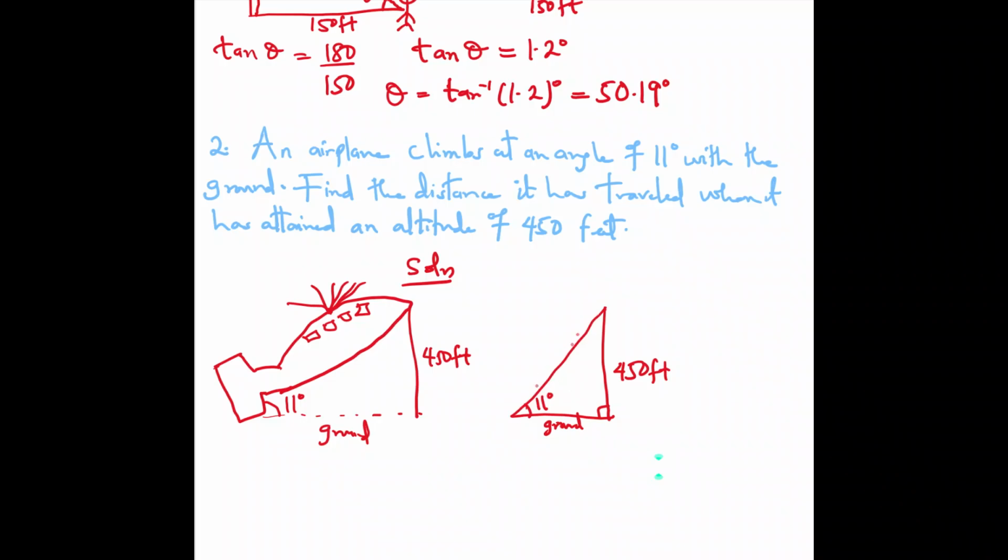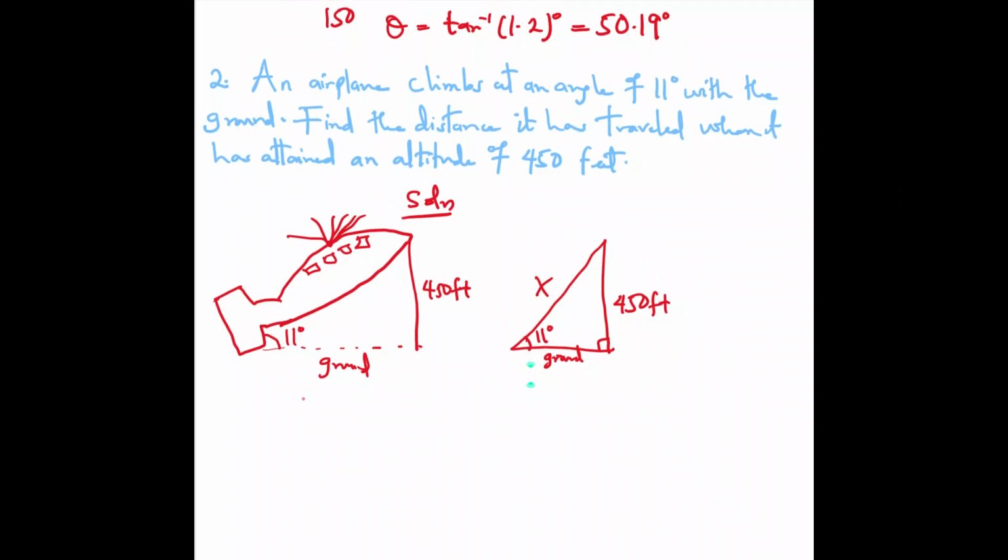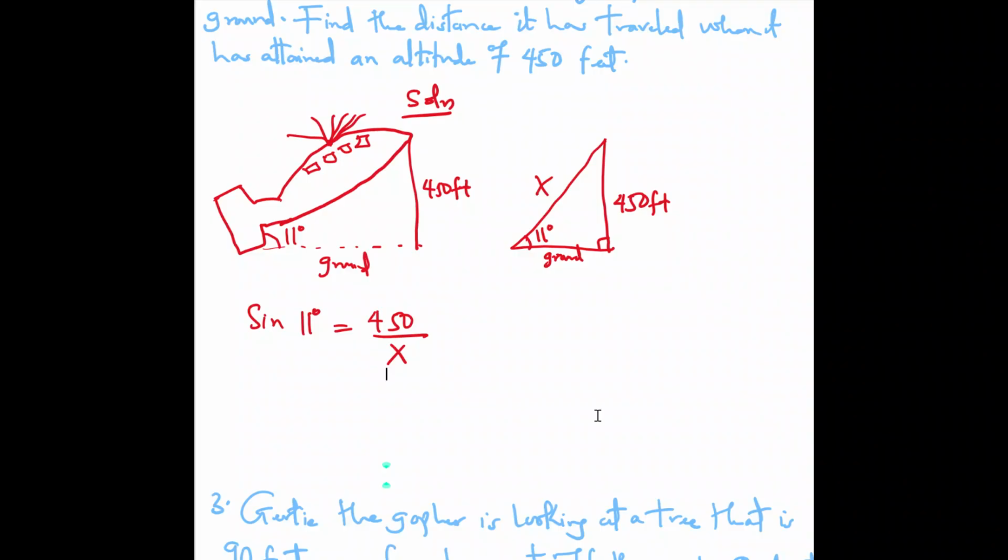It says find the distance it has traveled after it has attained that altitude. So while it's moving up in the air, how much distance has it covered? So this is it, x. So sine 11 degrees is equal to 450 feet divided by x.